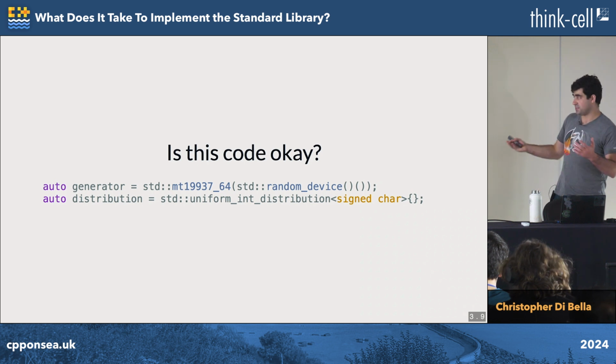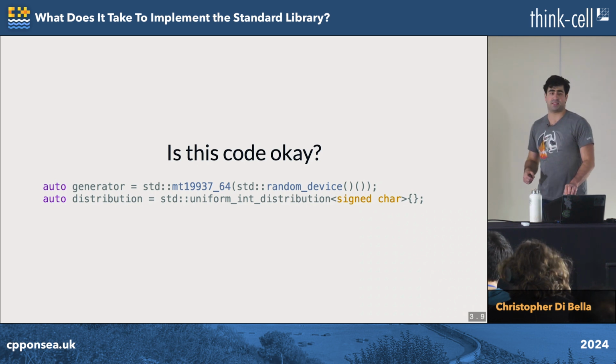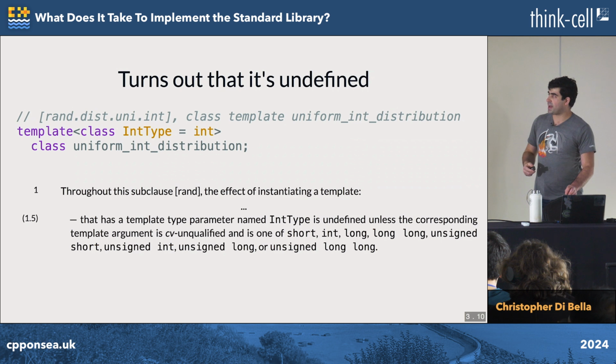Now, signed char is the canonical way to say that you want an integer of size 1, but the problem is that the standard says that anything that is out of the realm of a short through a long integer, then the program is undefined.